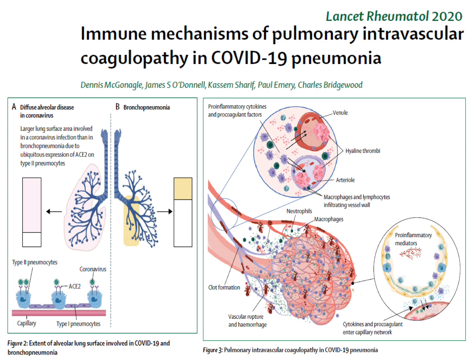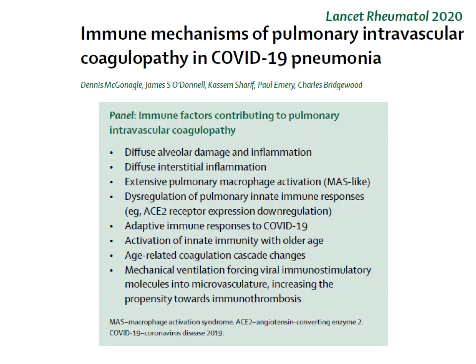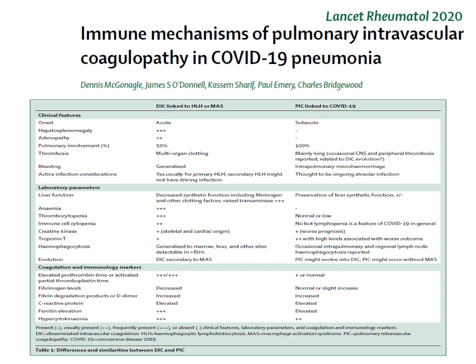They hypothesized that the hypoxia and the inflammation, by many mechanisms, can induce local thrombus and local intravascular coagulopathy in the pulmonary vessels through the immune response and the alveolar damage and the interstitial inflammation and the macrophage activation, but also by the mechanical ventilation itself. And they suggested the difference between PIC, the pulmonary intravascular coagulopathy, and what we know as DIC.